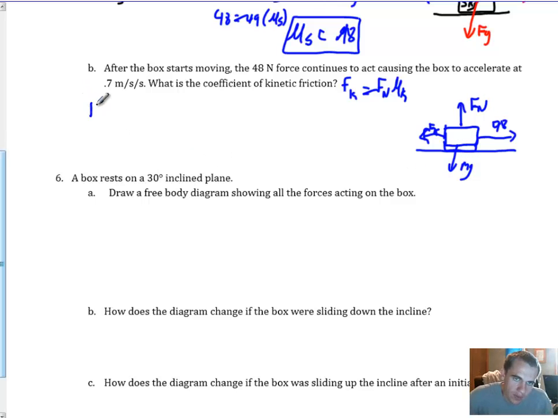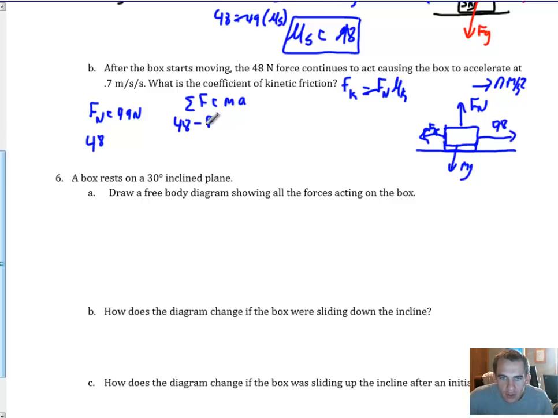So I still got the normal force, and I still got mg, and these haven't changed at all. The normal force from above I still know is 49 newtons, and the applied force is 48 newtons, and it's accelerating at 0.7 meters per second squared. Newton's second law says net force equals mass times acceleration. The net force is that 48 newtons being applied to the right minus the frictional force, Fk, and that equals the mass of the box, 5, times its acceleration, 0.7.